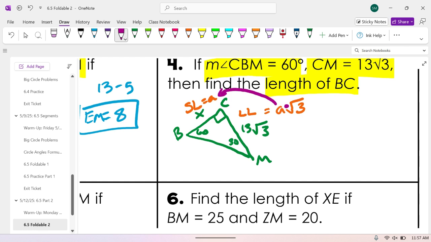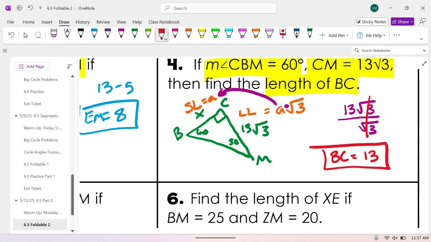Division. Square root of 3 is just a number. We can easily divide it. So that's exactly what I'm going to do. I'm going to do 13 square root of 3 divided by the square root of 3 to give me BC. What happens to those two square root 3's? Don't they cancel each other out? They go bye-bye. So I'm left with what? 13. That's all I had to do.